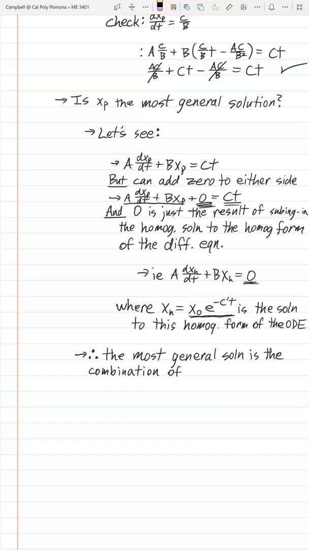Now here I have to be pretty clear. I'm not saying linear combination of the two. That is important. We'll get to linear combination in a second, but it is not the linear combination of the two.